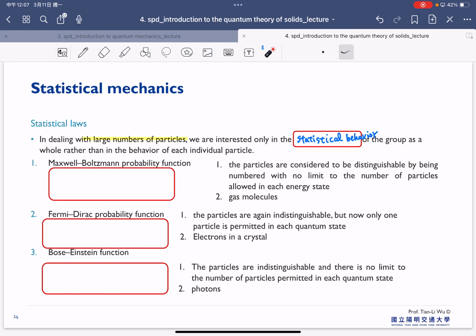So that's why I always come up with the concept of probability. But I hope in the future you will get more used to this term.